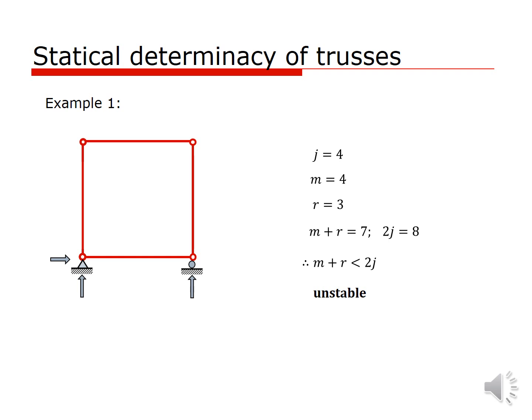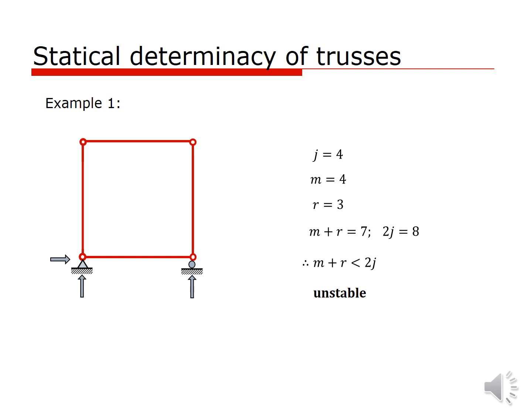Now you know that for a pin support there are 2 reactions, and for a roller support 1 reaction. So as there are 4 joints, J equals 4, and also 4 members, M equals 4, and 3 reaction forces, R equals 3.